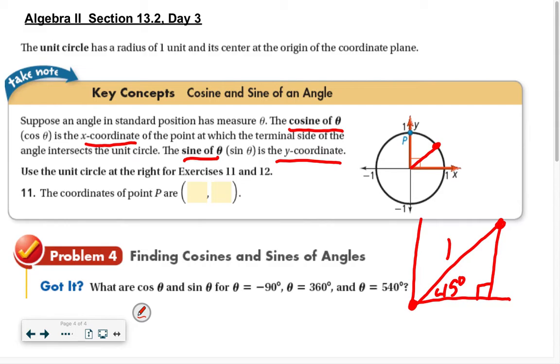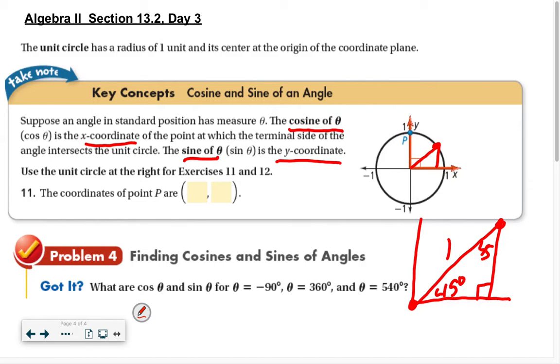If this is a 45, 45, 90 triangle, what are these lengths? How can I find it? Well, isn't that bottom one 1? No, because if I bring it down, it's short here, so it's short.